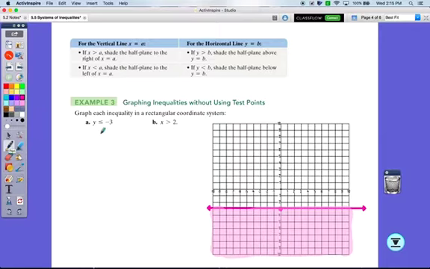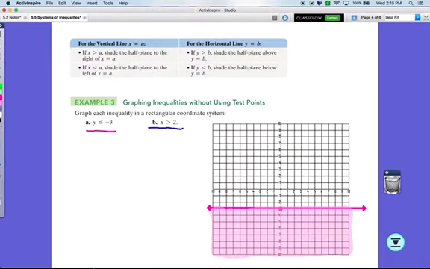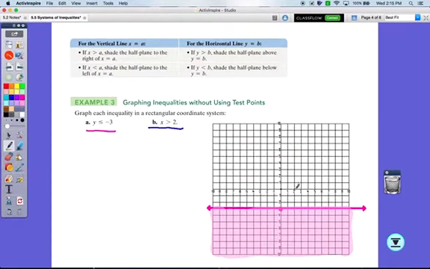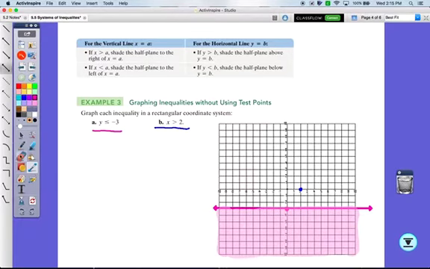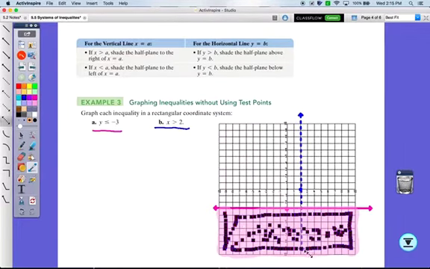That is A. For B, x and a number, that is going to be a vertical line. So we put a point on the x-axis at 2, because it's x. Since it does not have an or equal to, it's going to be a dotted line. So a dashed line there.